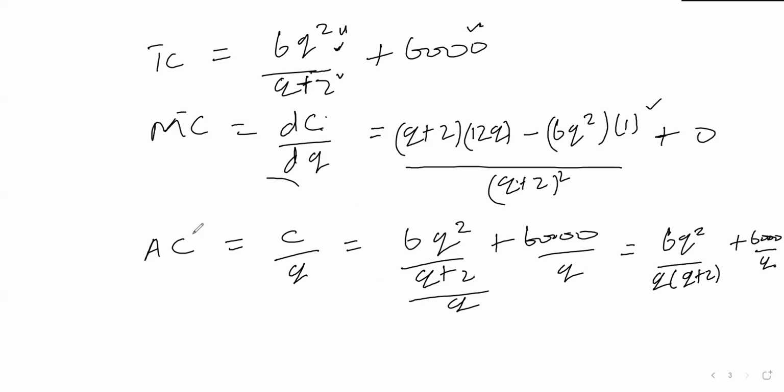And similarly, if you were to find the marginal or average cost when Q is equal to maybe 2 units, for instance, just like we did with the previous one, all you need to do is to substitute.